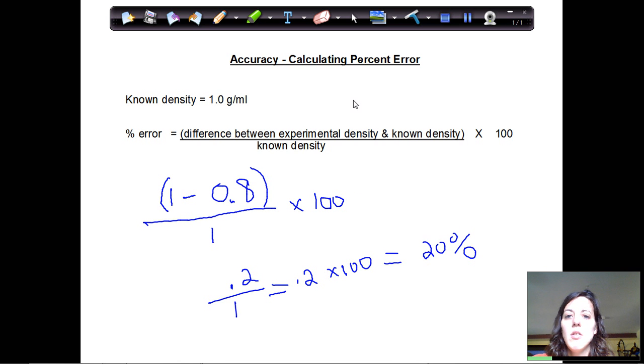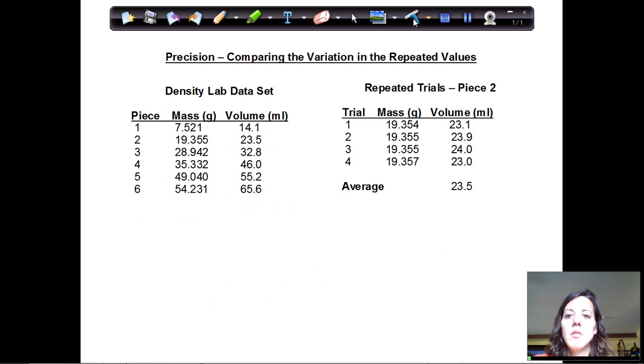Lastly, we are going to calculate the variation for our repeated trial. So here's our data set again. We look at variation to see how precise or how repeatable the data is. To calculate the variation, we need to do two things.